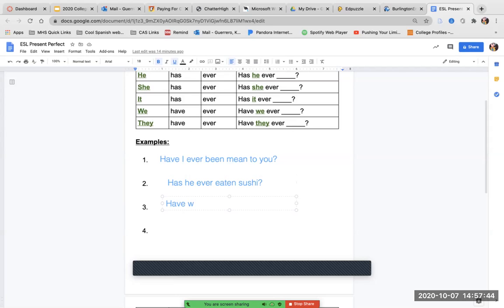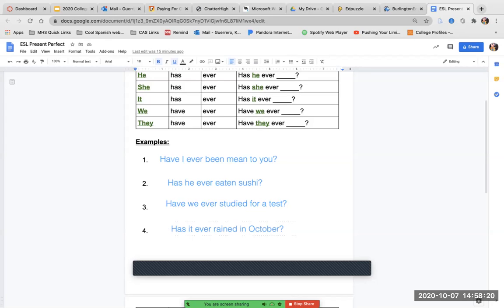Have we ever studied for a test? And then the last one, I'm going to use it, so we go back to has. And I think that most of us should know this word, rained. So has it ever rained in October?